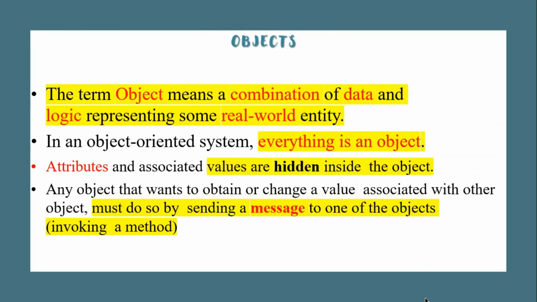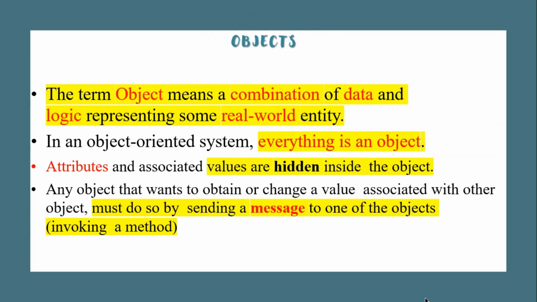Now, let's see what the objects are. The term object means a combination of data and logic representing some real world entity. In an object oriented system, everything is an object. As I said before, the object is basically a combination of data. The data is also called attributes.